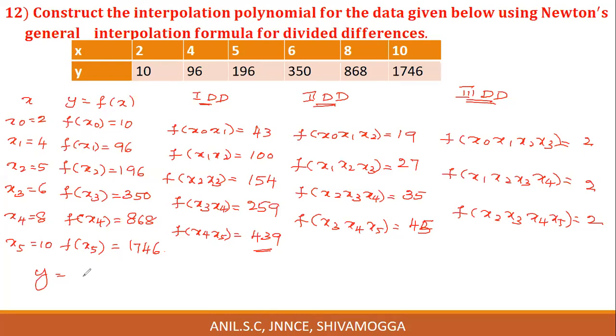Two x cubed minus 3x squared plus 5x minus 4. Fine, that's right. 2x cubed minus 3x squared plus 5x minus 4. This is the correct answer. This is the required polynomial.